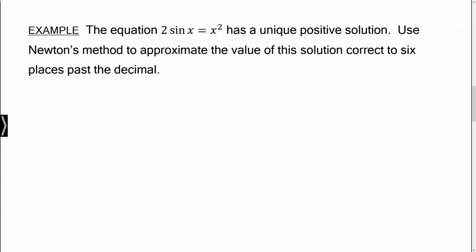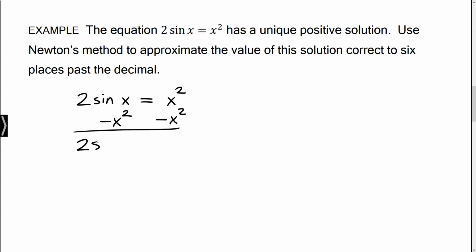And, well, okay, first of all, let's translate this into a function. So 2 sine x equals x squared. If I subtract x squared from both sides, finding a solution of this original equation is equivalent to finding a solution to 2 sine x minus x squared is equal to 0.